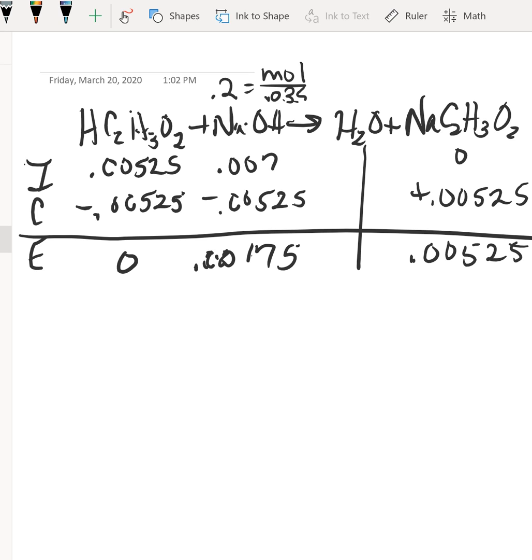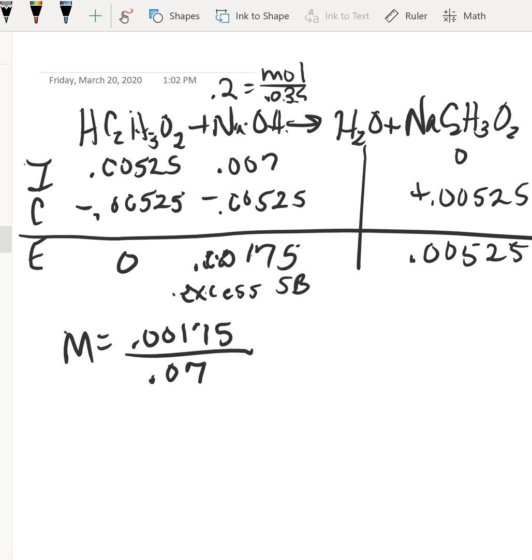Okay, so I have a basic salt, which I don't really care about because I have a strong base. And I don't have a buffer because it's a strong base. So my molarity is my moles. And I had 35 of the acid and 35 of the base, so that's 70 milliliters.